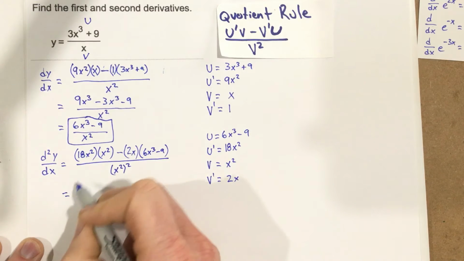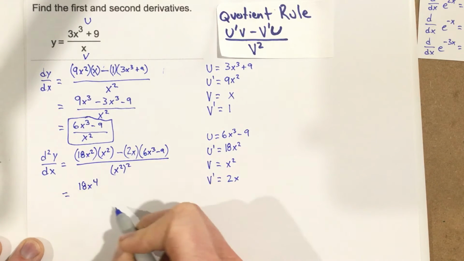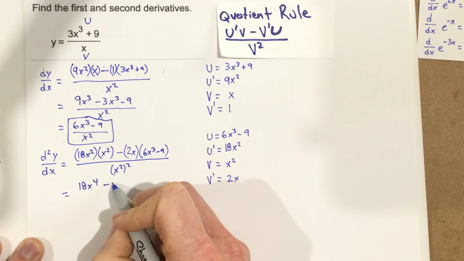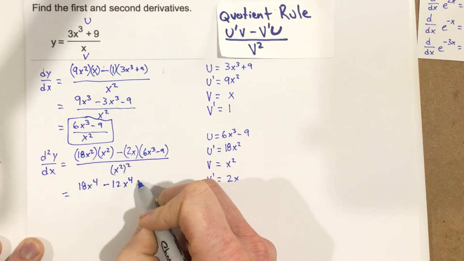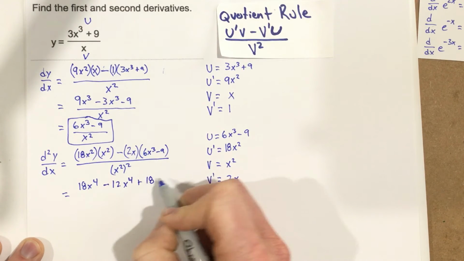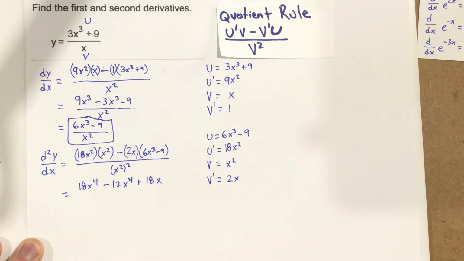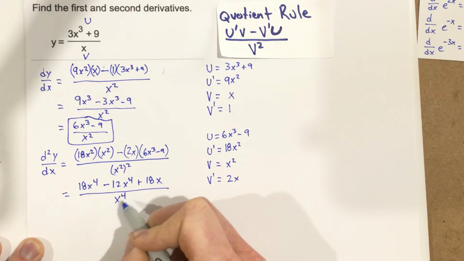So we end up with, when we distribute here, 18x to the fourth. Distribute this 2x, we get minus 12x to the fourth plus 18x, just 18x, all over x to the fourth.